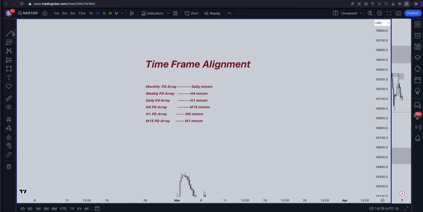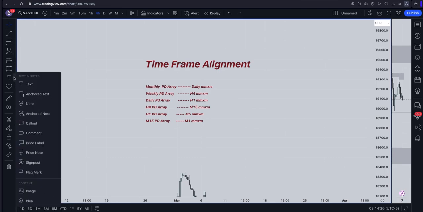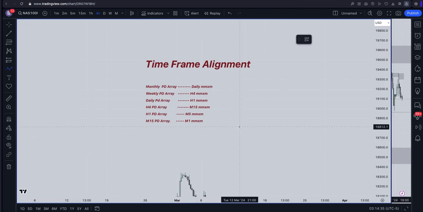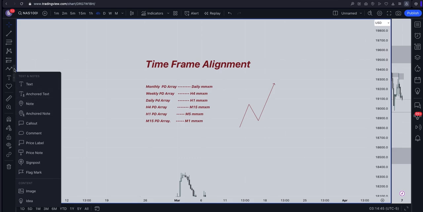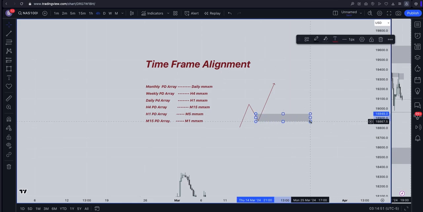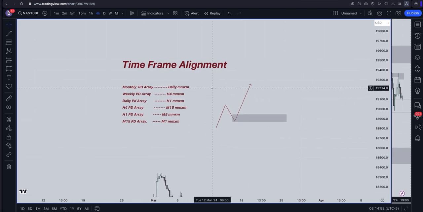Let me show you this first. Let's say this is the 4 hour time frame, and you find an order block or a fair value gap or a breaker block. Let's work with order block. Let's say you have this order block here.